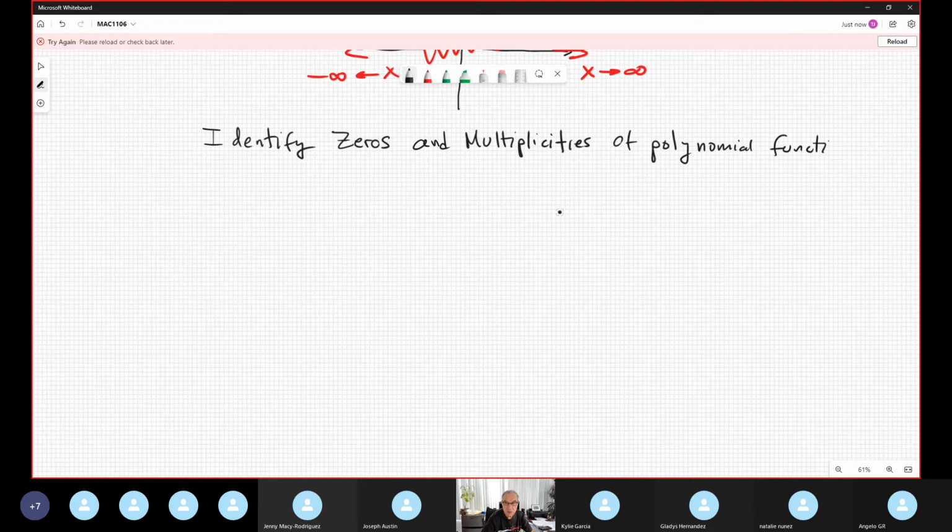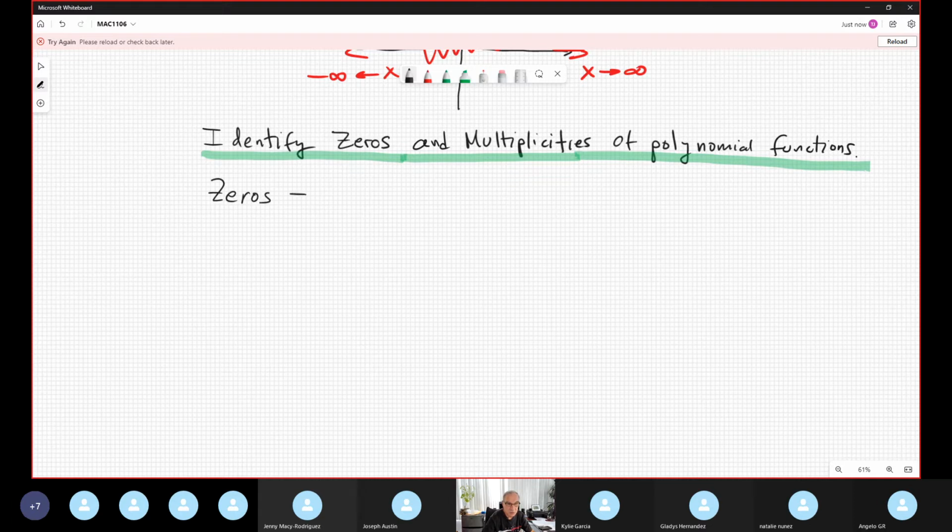What do zeros mean in the language of polynomials? Zeros are equivalent to the x-intercepts. That's the point at which the polynomial graph crosses the x-axis.